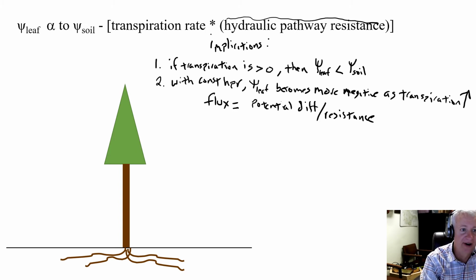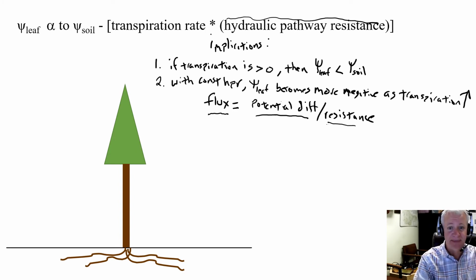In this case that's hydraulic path resistance, which is the same. So in order for this number to get bigger, this number has to get bigger. That potential difference is just the difference in water potential between the soil and the leaf. So as transpiration rate increases, that potential difference becomes larger.